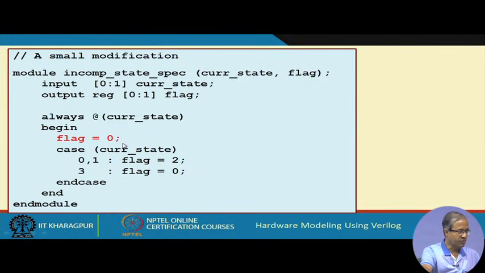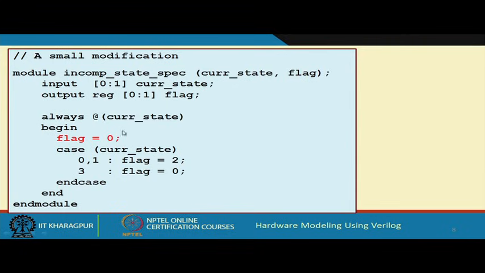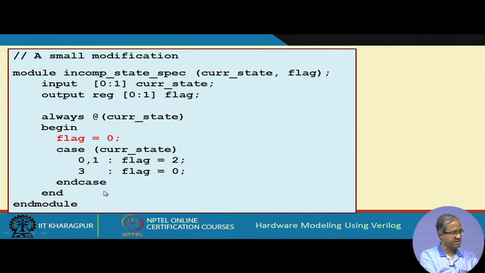So, now what is the difference? Now, if the synthesizer or the simulator does a data flow analysis, it will find that for 0 and 1 flag is 2, for 3 flag is 0, but for the condition 2 also flag will be 0, because we have already initialized flag to 0. So, if I do not specify, flag will remain at 0.